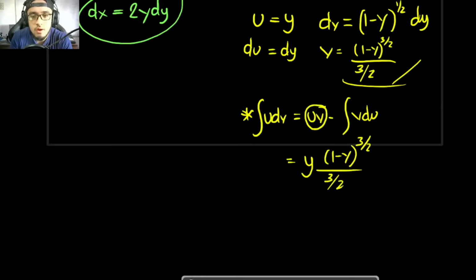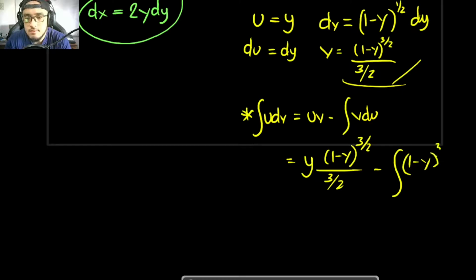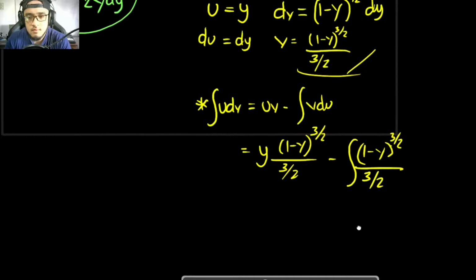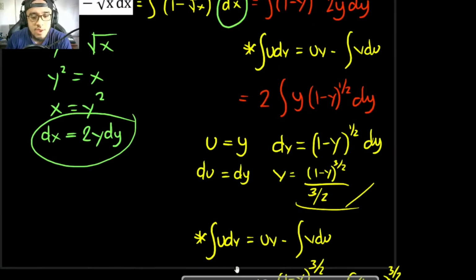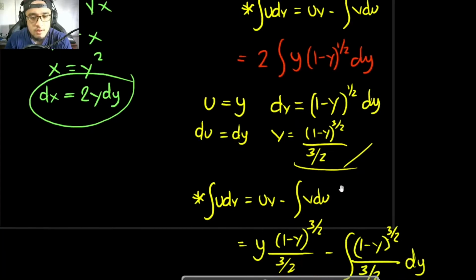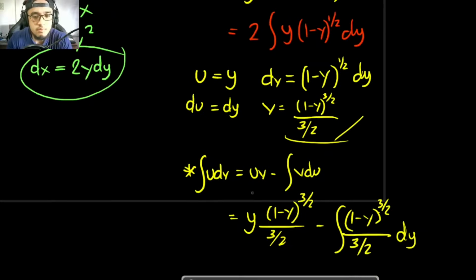So this is your uv. Minus the integral of v du, and our v once again is 1 minus y raised to 3 halves divided by 3 halves, times du, and our du is equal to dy. But don't forget this constant: we actually have this 2 right here. So from that, all of this should be multiplied by 2.